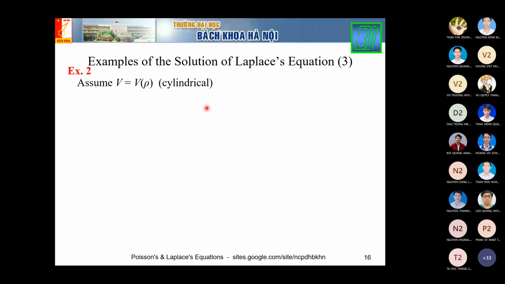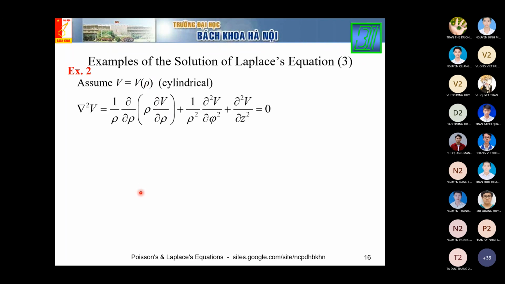Here's the next one. This is about the cylindrical coordinate system. We suppose that V depends only on the radius of the cylinder. Rho is the radius. So this is the expansion of the Laplacian in this coordinate system. And because V depends only on rho, we can remove the second and the third term from the left side to have this.